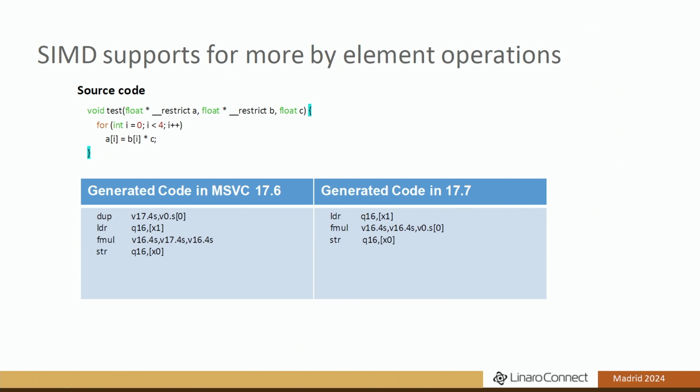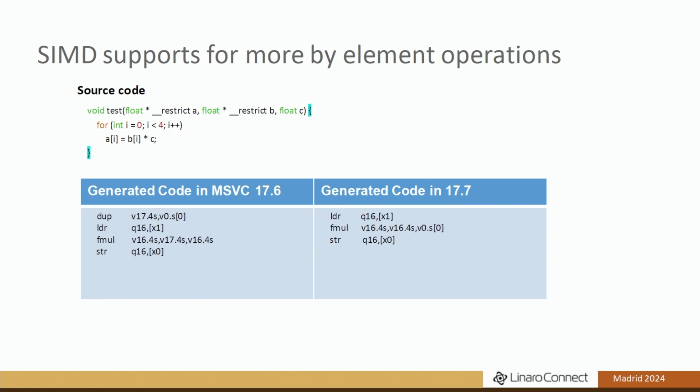On the left-hand side, this is before the optimization. The first instruction is called a dup. Basically, it just copies element 0 from vector 0 into the 4 lanes of vector 17, basically doing a duplicate. So we know that we don't have to do that.